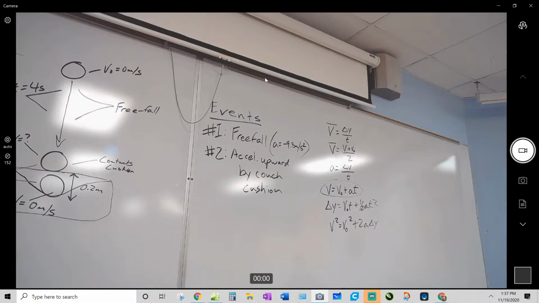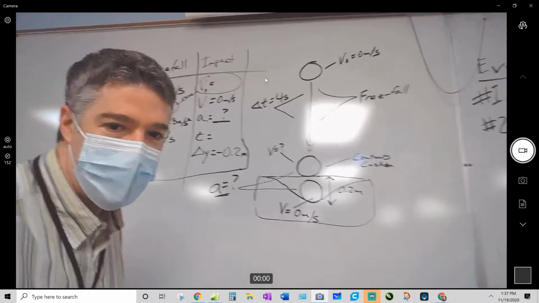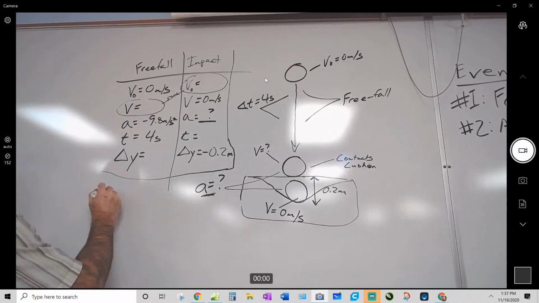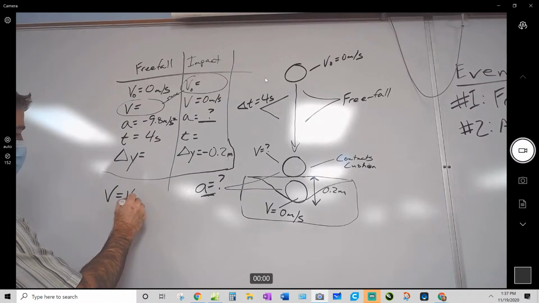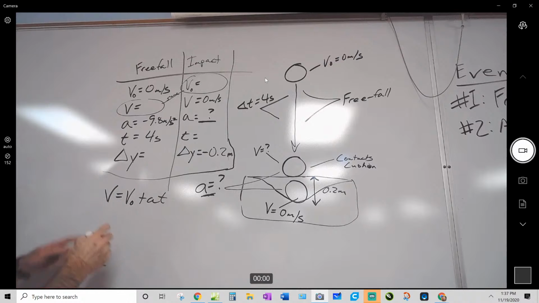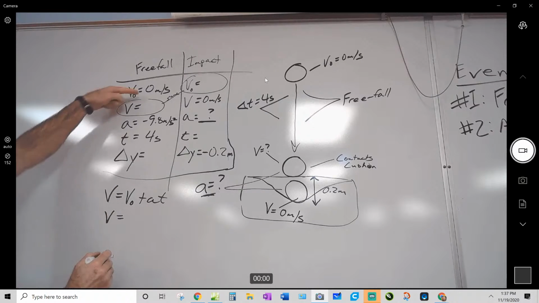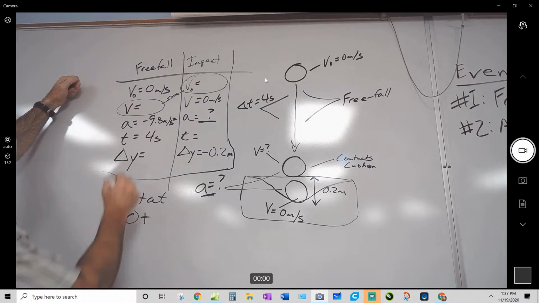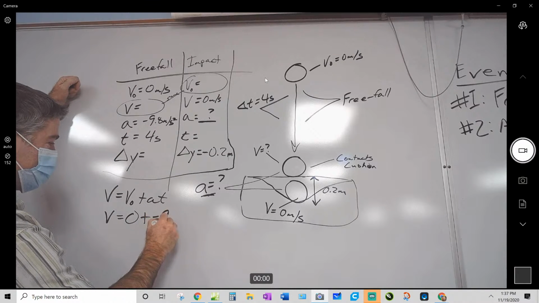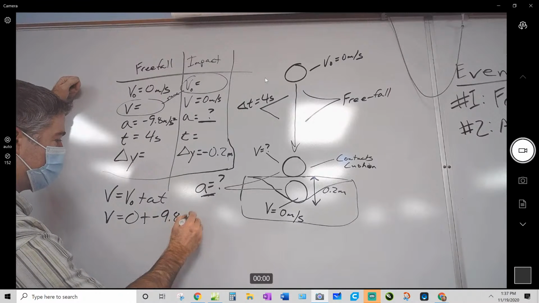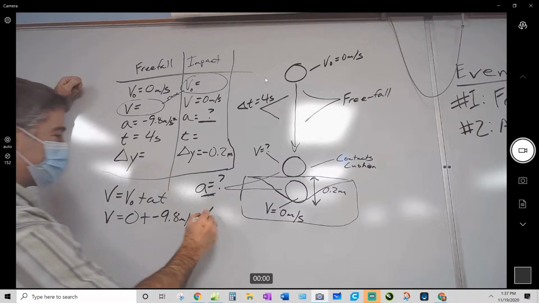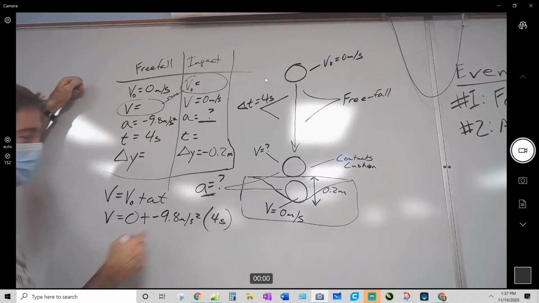I'm using v equals v0 plus at. I'll just write it again. And I'm plugging in, v0 is 0. A is negative 9.8. And the time is 4 seconds. You can kind of do this in your head.